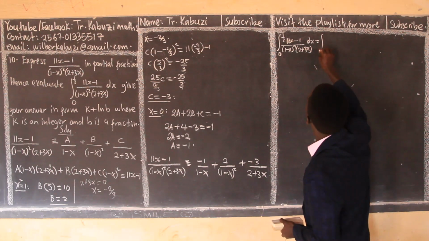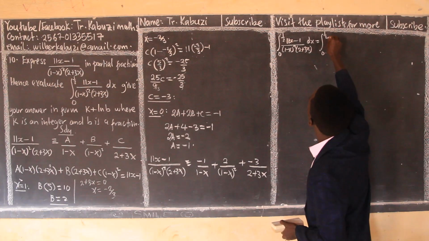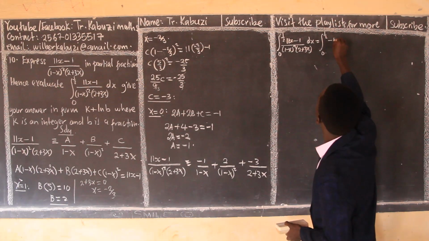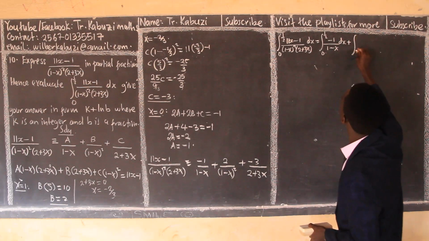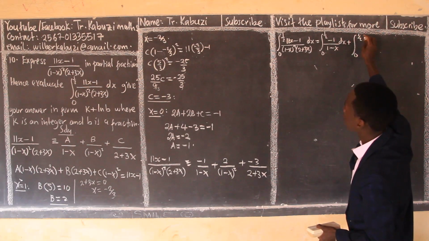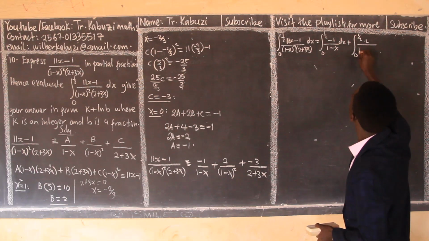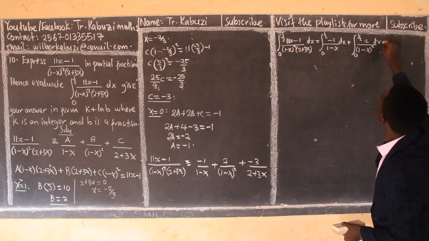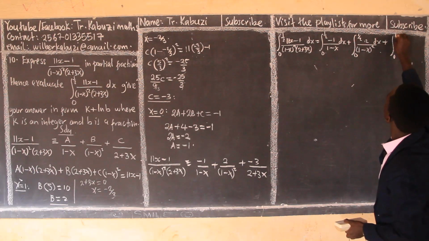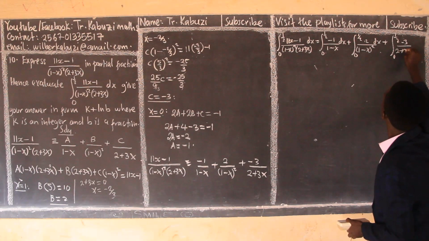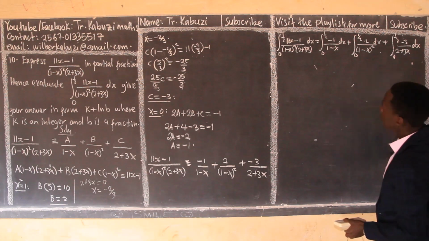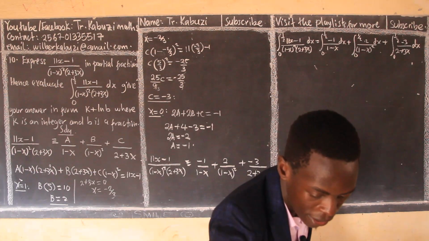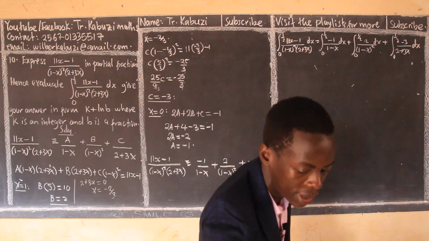So I'll also be integrating this from 0 to a half, minus 1 over 1 minus x dx, plus the integral from 0 to a half dx. The rest is just a matter of integrating those functions.